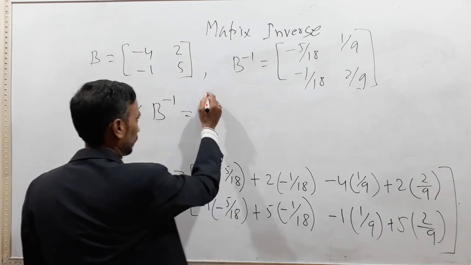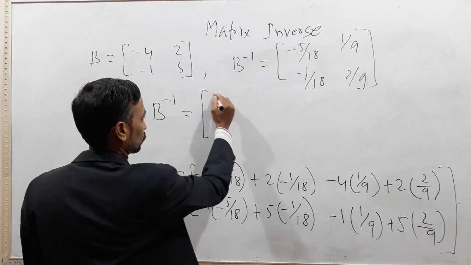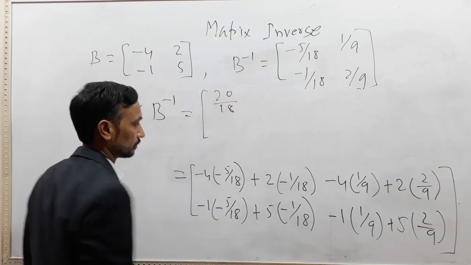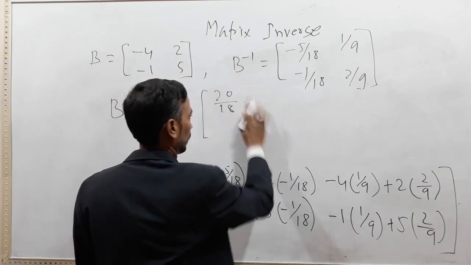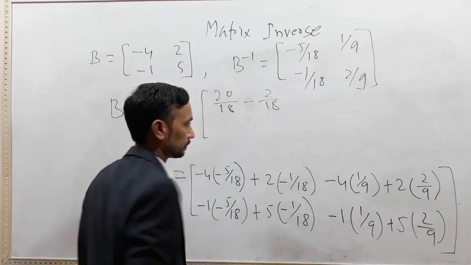So it will be simply this one: minus minus plus, 4 5s are 20 over 18, plus minus minus 2 over 18.